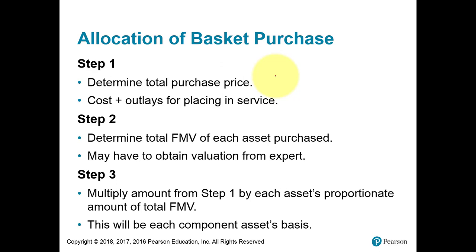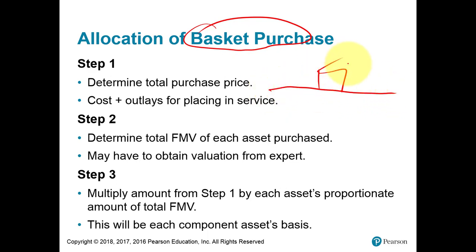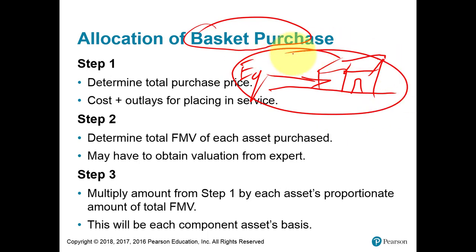So if you buy a whole bunch of assets, typically this would be something like you buy a whole business and there's lots of assets within the business. Or a common one for real estate is you buy, let's say, the land and the building. Am I drawing a building here? And inside this building is equipment or furniture, and you buy the whole thing as a package.